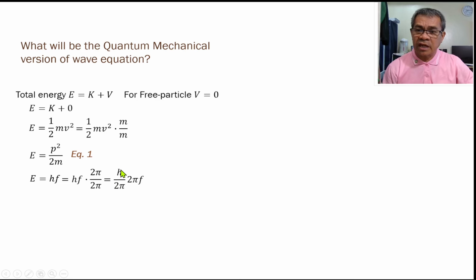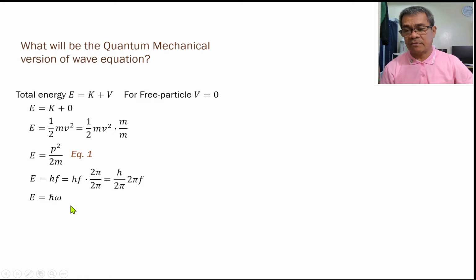Now, to avoid carrying this 2 pi always, h over 2 pi is called h bar. So h bar is present in this equation for simplicity purposes. So if we have h bar, think of h over 2 pi, such that this one is h bar times omega, the angular frequency, which means that the energy can also be defined as h bar omega.